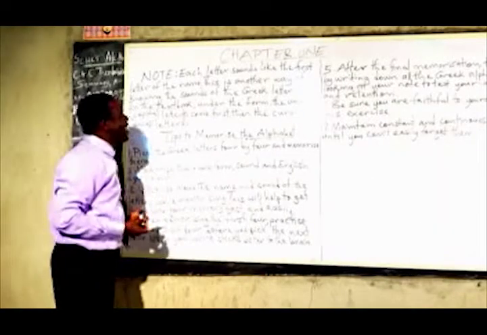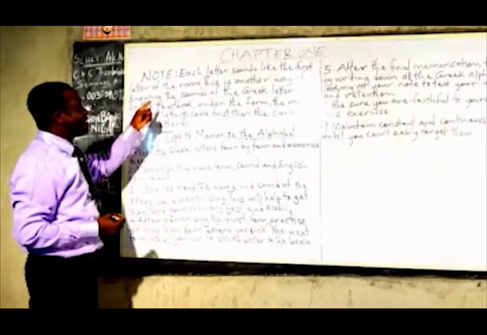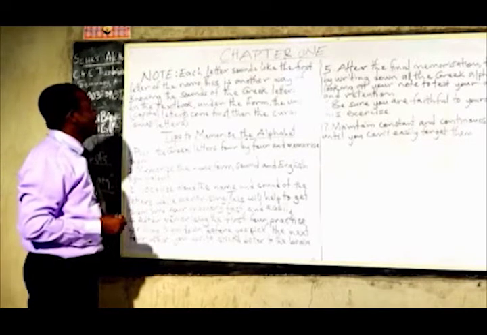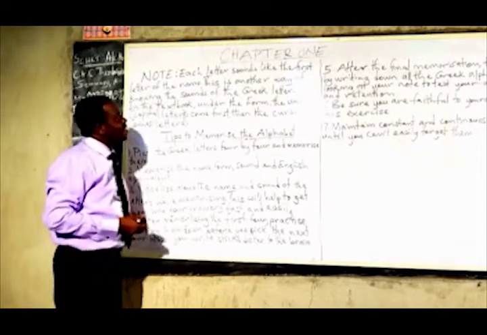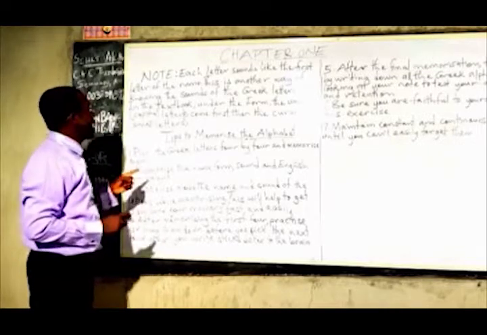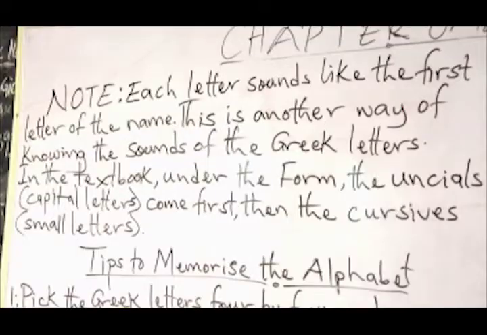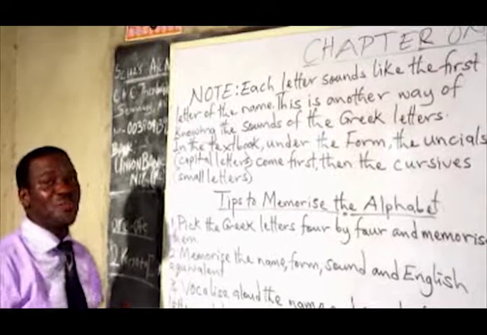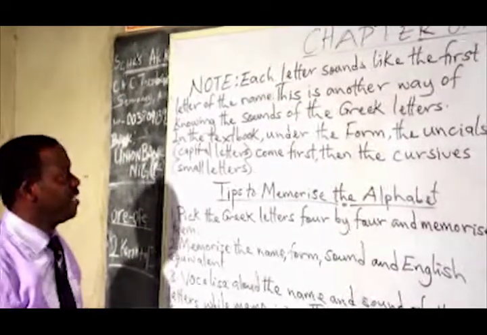We are through with the alphabet, but take note of this. Each letter in Greek sounds like the first letter of its name. For instance, we have alpha, and the sound is A. Beta, and the sound is B. So use this to master the sound of each of the letters.